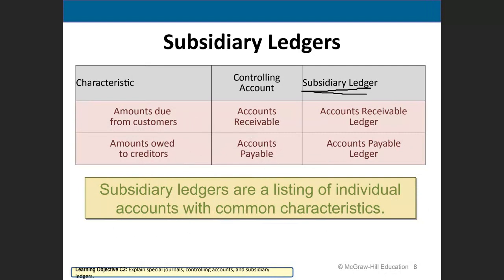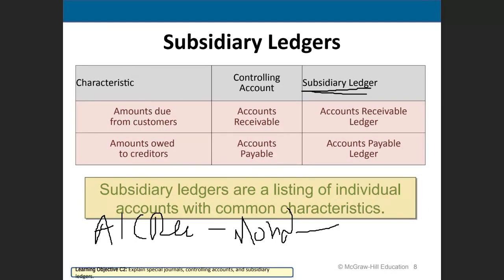In the subsidiary ledger, we will write the customer name. So accounts receivable will be recorded like this: accounts receivable dash Mohammed, for example, 20, sales 20. So this is the point here.